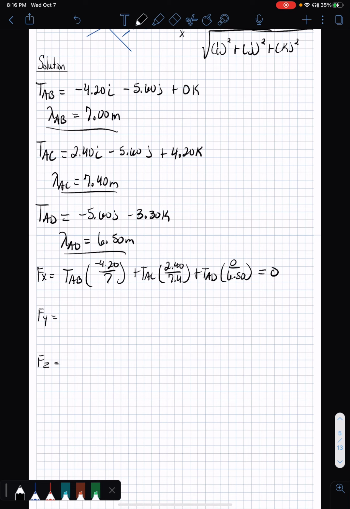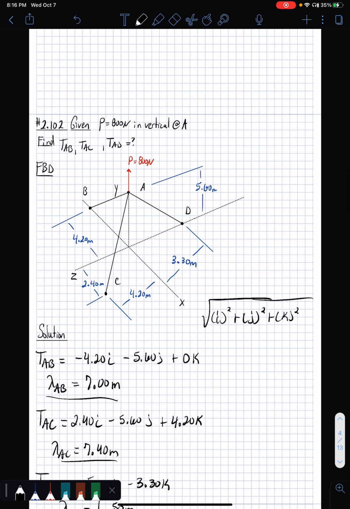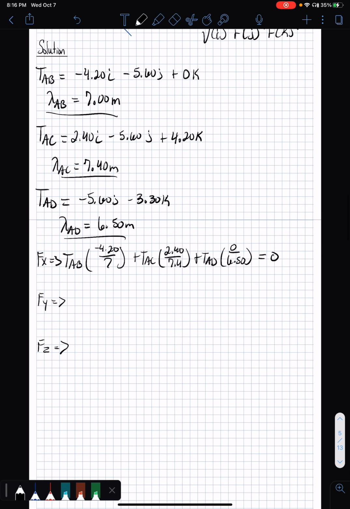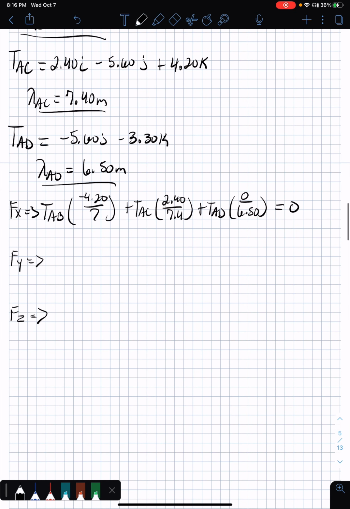This all equals 0. Now, do we have a force acting in the x direction caused by the balloon? Well, as stated in the problem, we have an 800 Newton force in the vertical at A, so that is acting in the y direction. Therefore we have nothing else acting in x, so it will be 0.